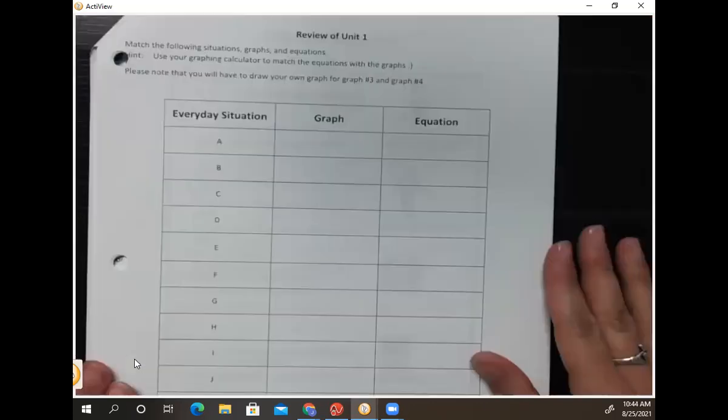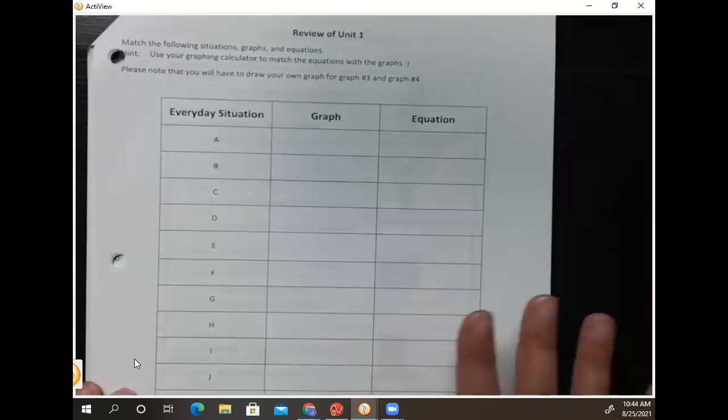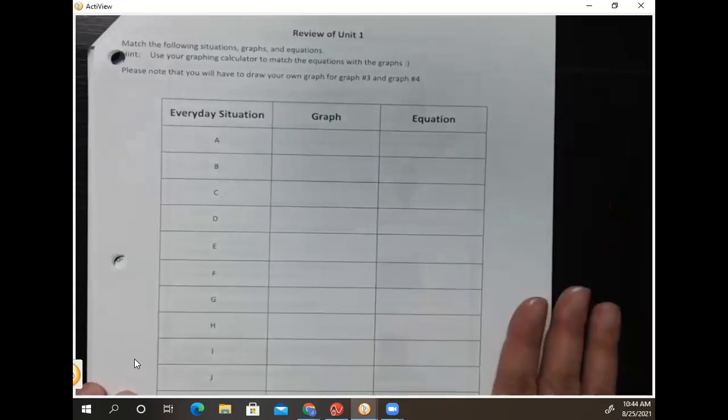turn to page 17 for me. As some review to combine graphing functions and our graph stories, I've got some different scenarios for you. Essentially what we're doing is kind of like a card sort, except without having to cut out a bunch of cards. So on page 17, you have a record sheet where you're going to put all your answers.